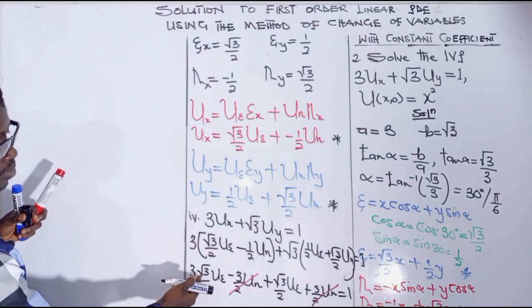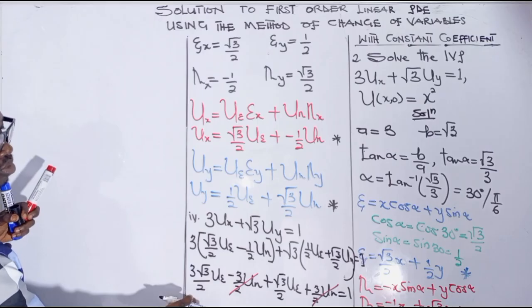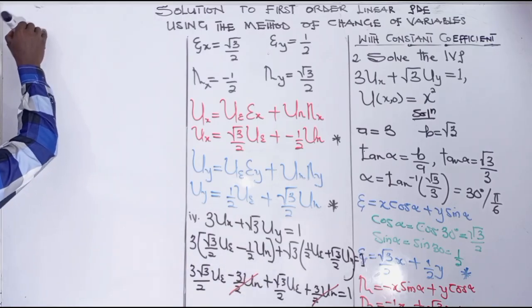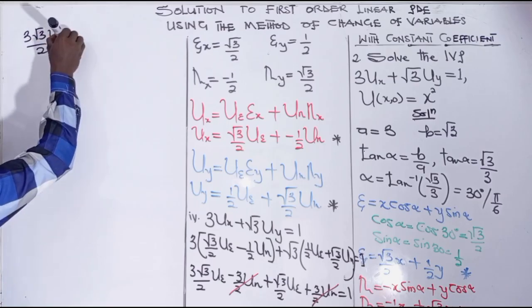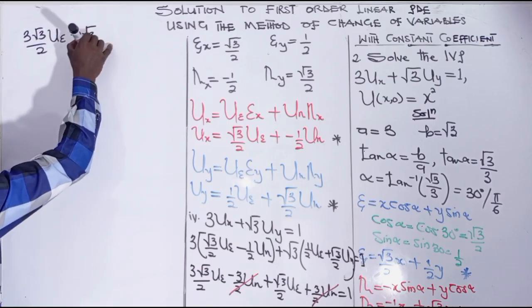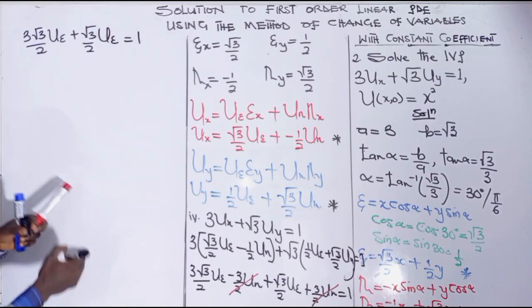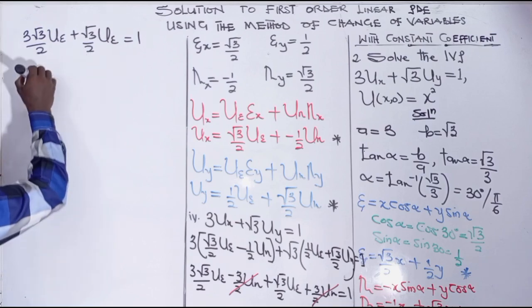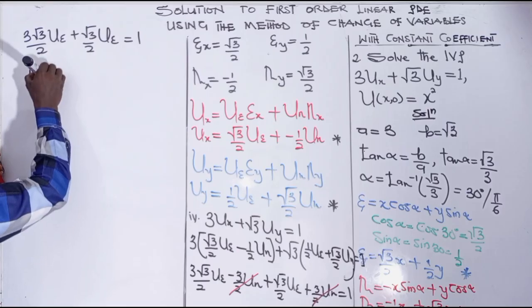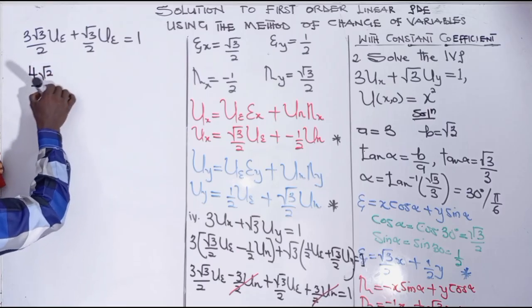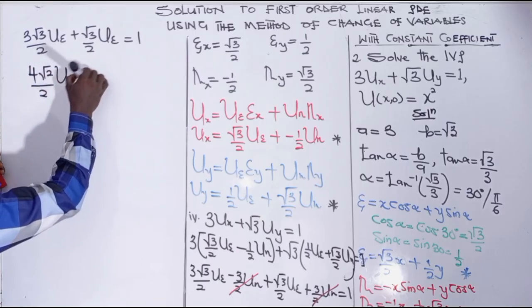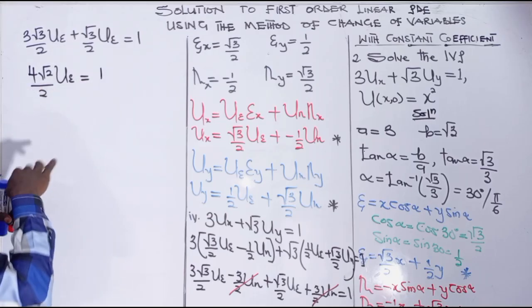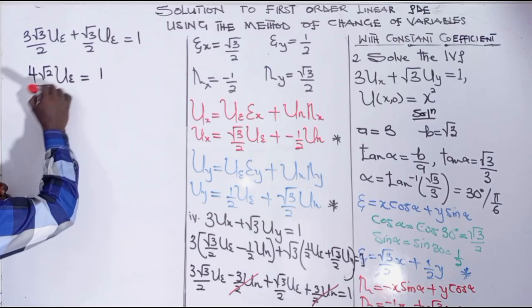So we have root 3 over 2 plus root 3 over 2. This plus this will give us what? 4. We have 4 root 3 all over 2 u xi is equal to 1.